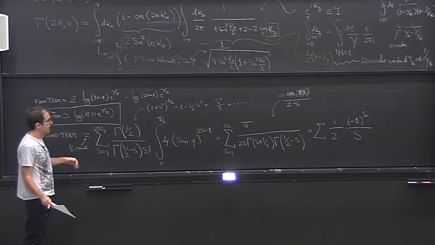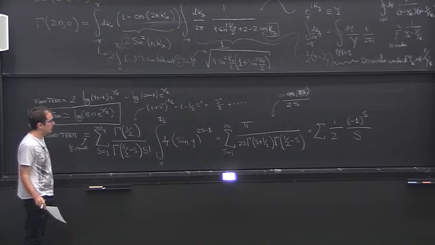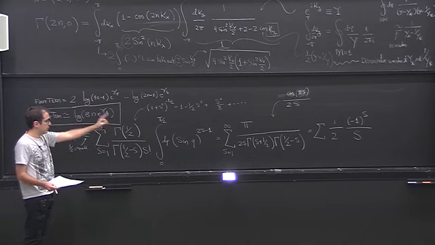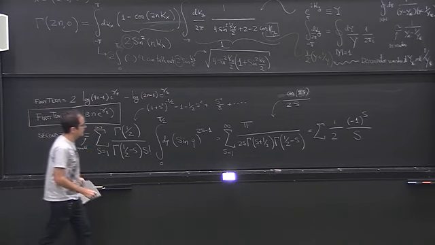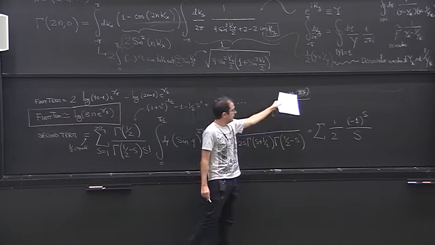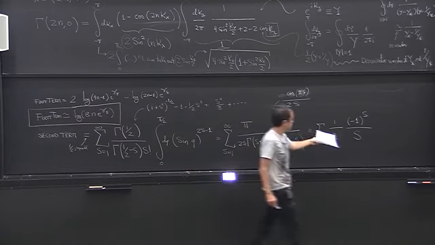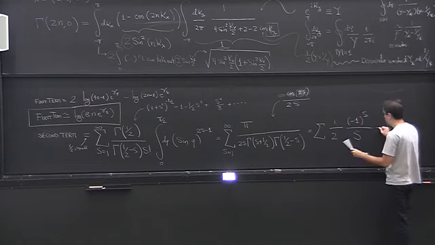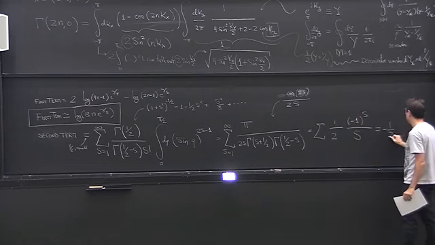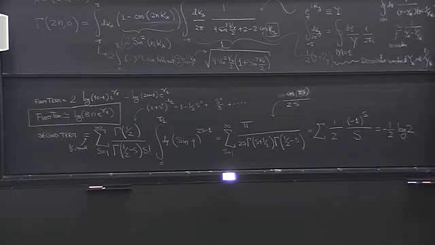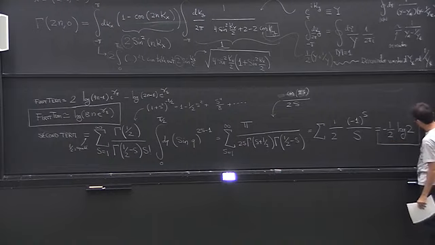And cosine of pi s is -1 when s is odd and 1 when s is even, so it gives me just -1 to the s. But that equality is true for any analytic s. And I get this expression, but this is just -1/2 logarithm of 2. So that's what the second term gives me.